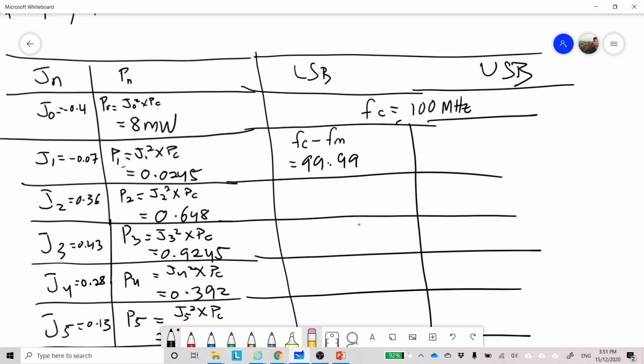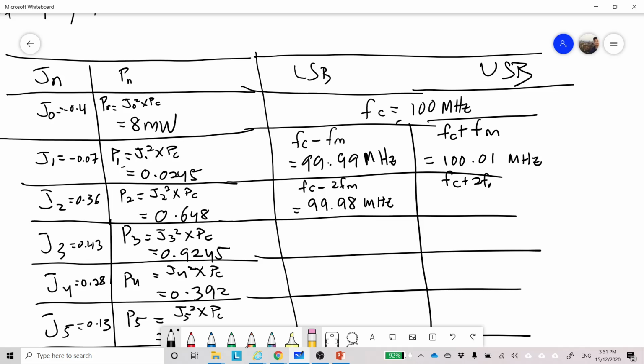99.99 ini dalam sebutan megahertz. Okay. Yang di sini adalah FC plus FM, 100.01. Sini adalah FC tolak 2 FM, which is 99.98 megahertz. Sini adalah FC plus 2 FM. So here is 100.02.